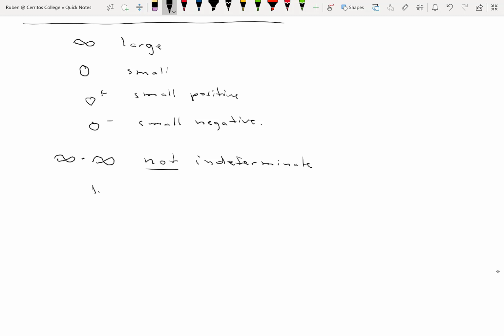The limit, for example, of x cubed times 1 plus 2x as x approaches infinity. This is not indeterminate. x cubed is getting large. 1 plus 2x, 2 times a large number, is large, and plus 1 is even larger. The value of this limit is just infinity.